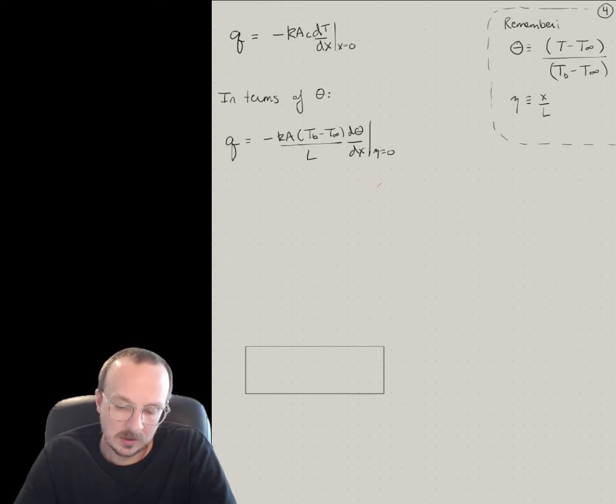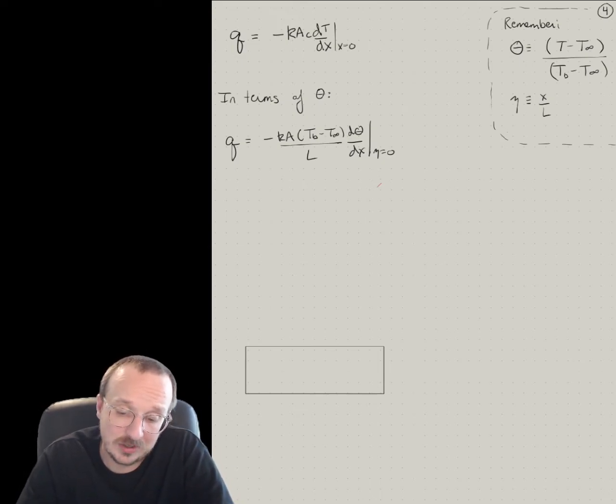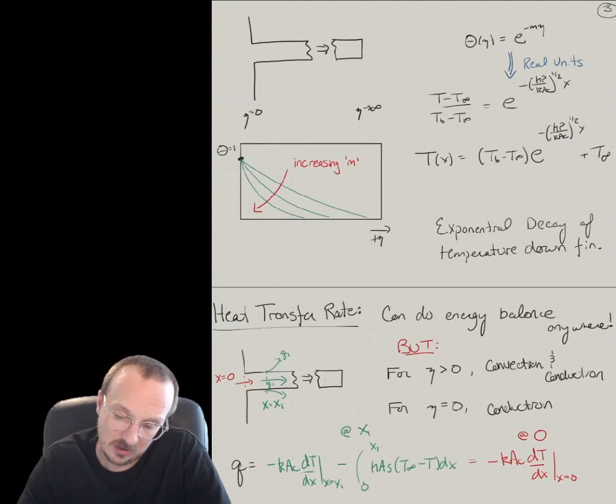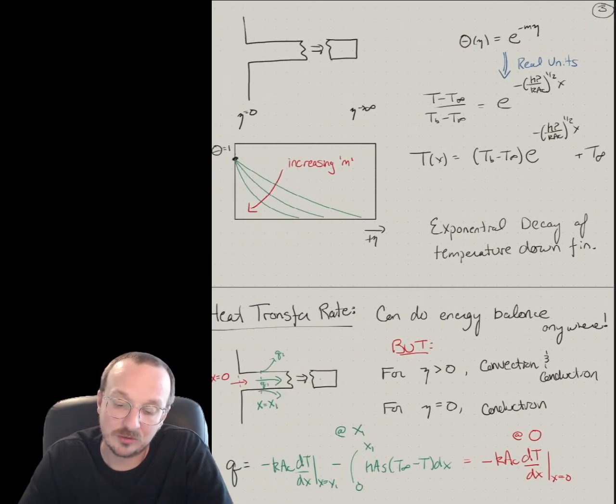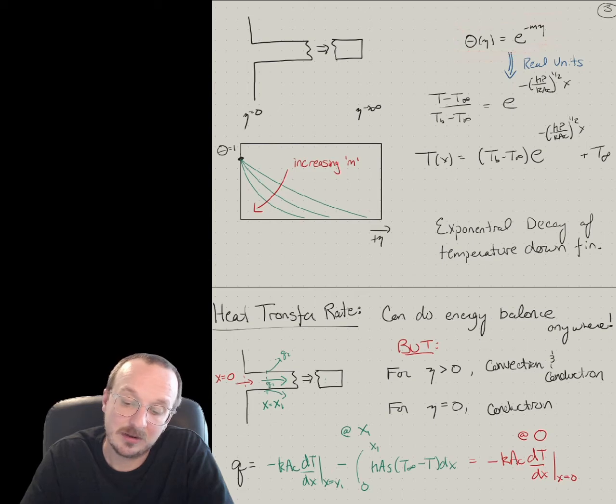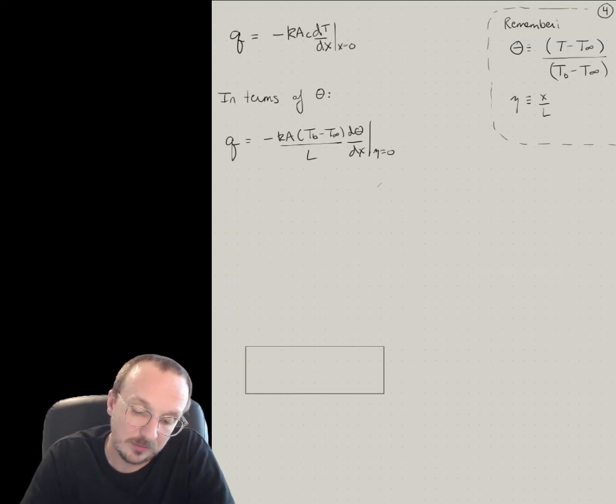And so let's take this derivative of theta. We know theta; we just solved it. Theta is e to the minus mz. If you take the derivative of this, it's going to be a minus m out front, so the negative cancels out.